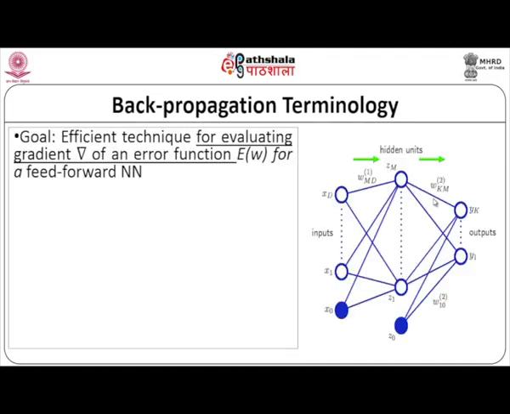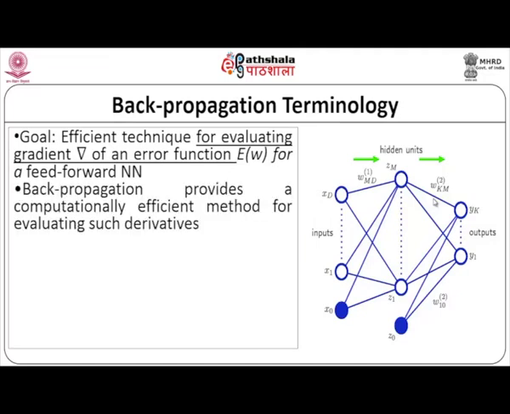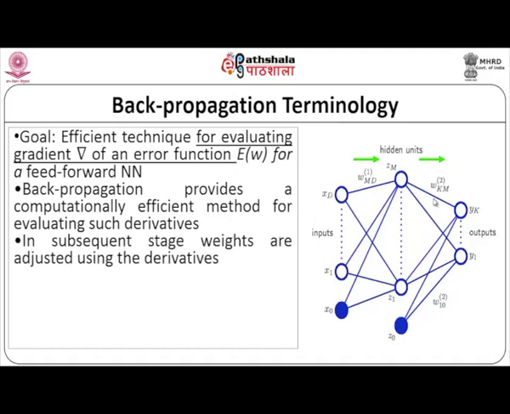So, backpropagation terminology: the goal is an efficient technique for evaluating the gradient of an error function E of w for a feed forward neural network. Backpropagation provides a computationally efficient method for evaluating such derivatives, that is the error gradient. In subsequent stages, weights are adjusted using these derivatives.